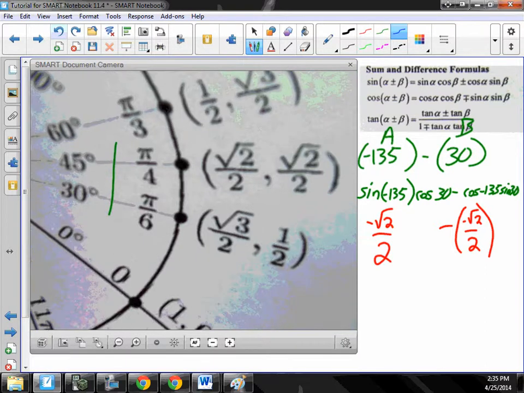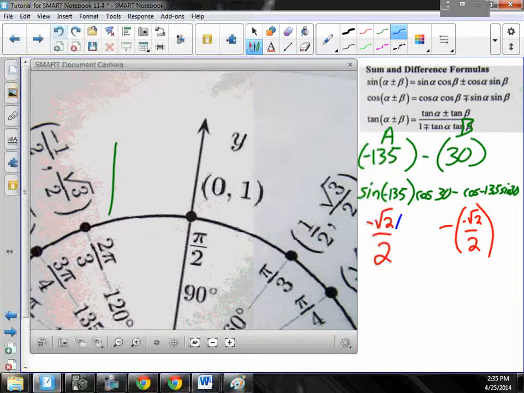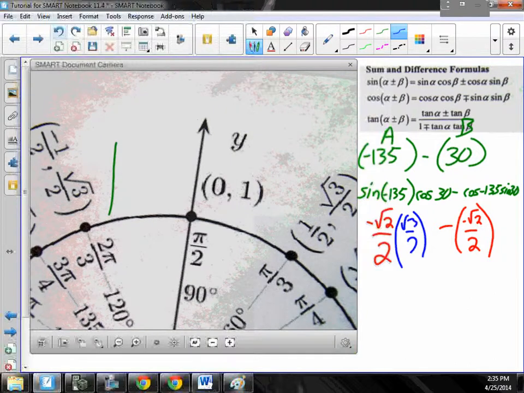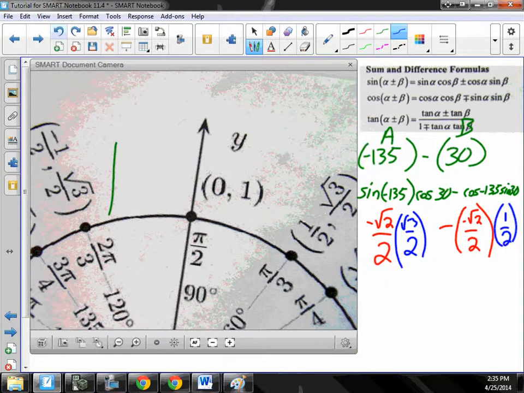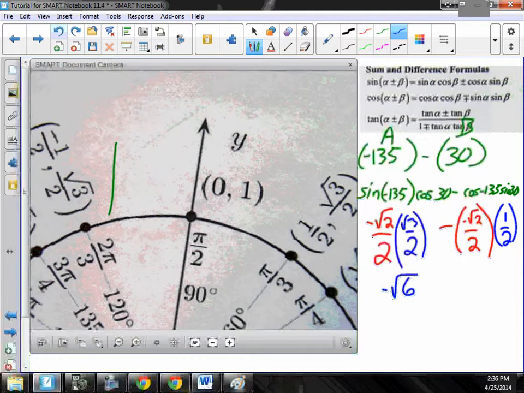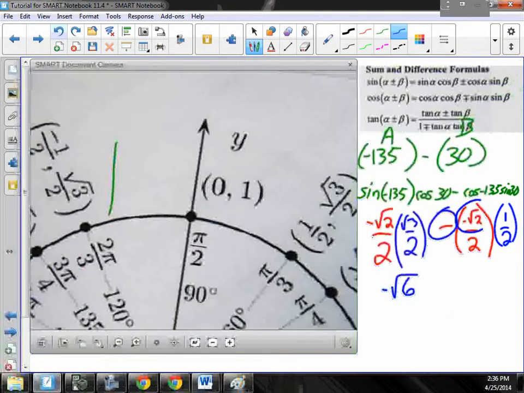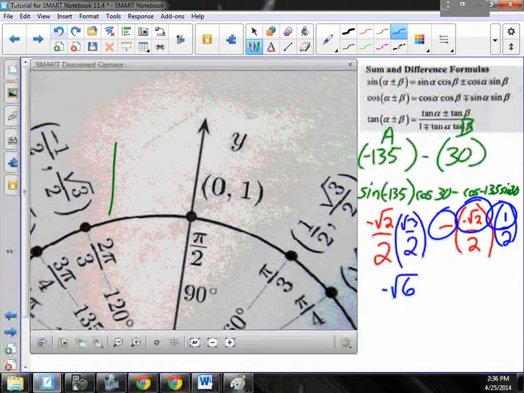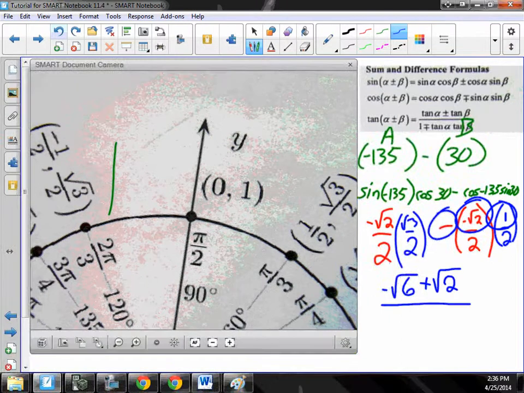So cosine of 30 is root 3 over 2, and the sine of 30 is 1/2. So times this by root 3 over 2, and times this one by 1/2. So the left side is negative root 6, and the right side is, well, I have a negative root 2, and a 1. Plus root 2, and they're both over 4.